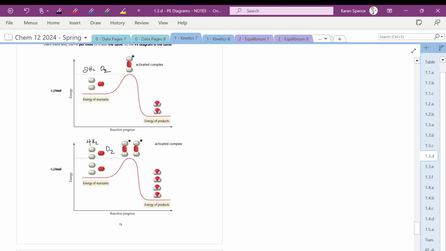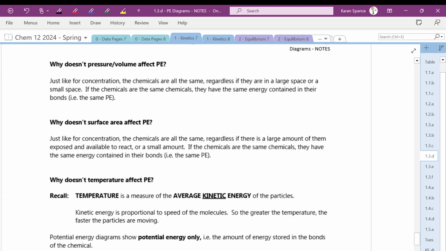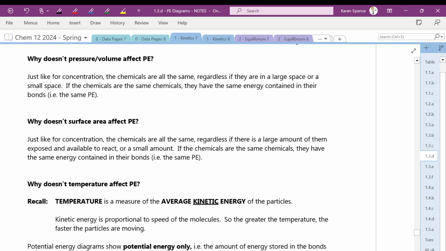It's the same because they're the same chemicals, okay? Same thing with the products. Why doesn't pressure, volume affect potential energy? It's the same as for concentration. You have the same chemicals. If you have the same chemicals, they have the same potential energy. Surface area, same chemicals, just broken up into smaller bits.